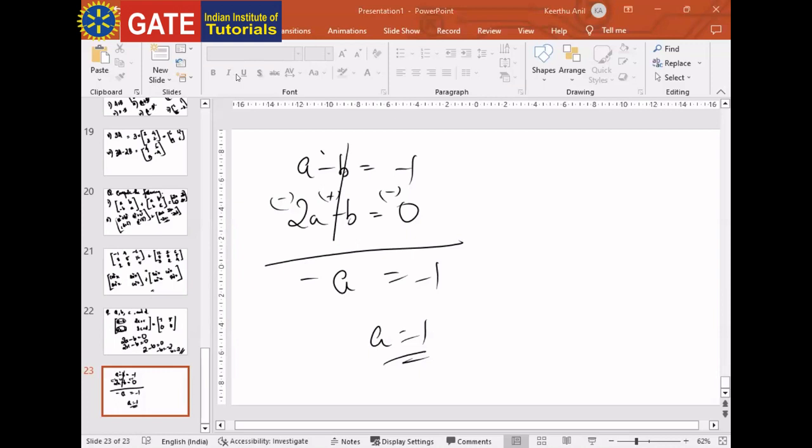So are you getting the answers? A equals 1, B equals 2, C equals 3, and D equals 2, right? Is it okay, children? Chetan, is it okay? You getting it?